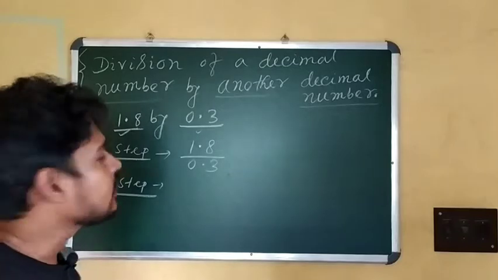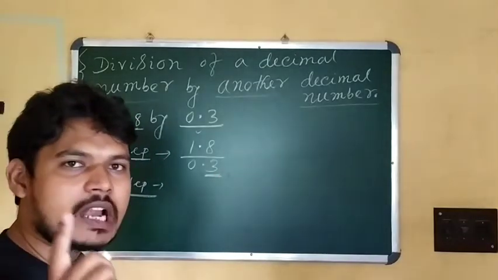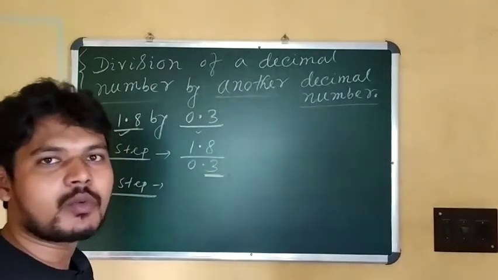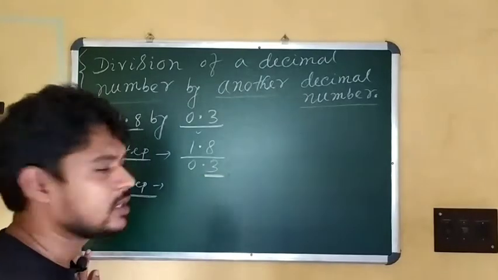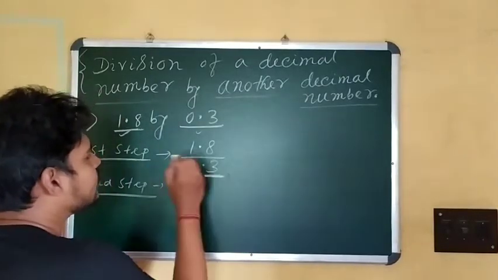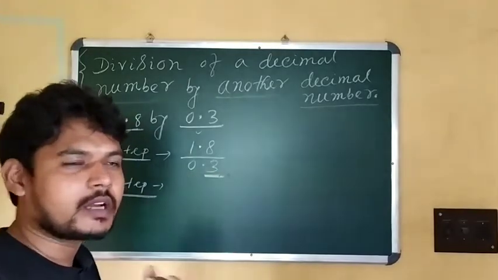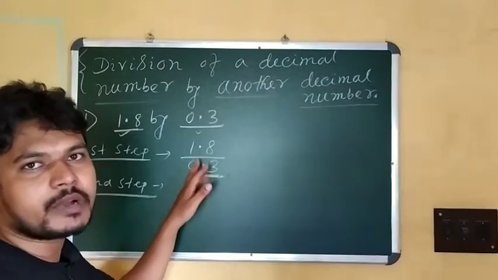you can see that here at the denominator there is only one decimal place, that is 3. So at first we have to convert this denominator into a whole number. So what to do? You have to multiply this 0.3 by 10.